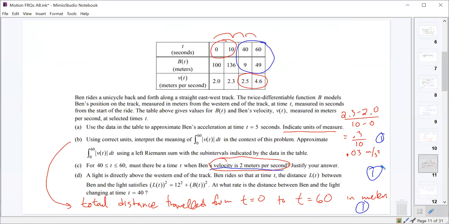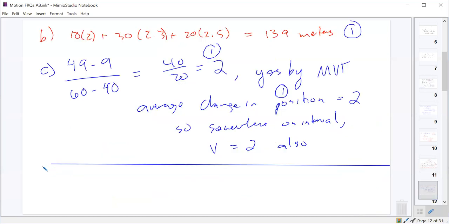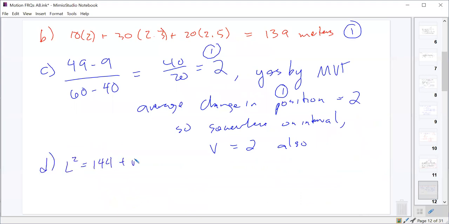All right, part D says the light is directly above the western end of the track, and he rides so that the distance between him and the light is this thing, L of t squared equals 12 squared plus b of t squared. We want to know at what rate the distance between him and the light is changing at t equals 40. So we have an equation, L squared equals 144 plus b squared.